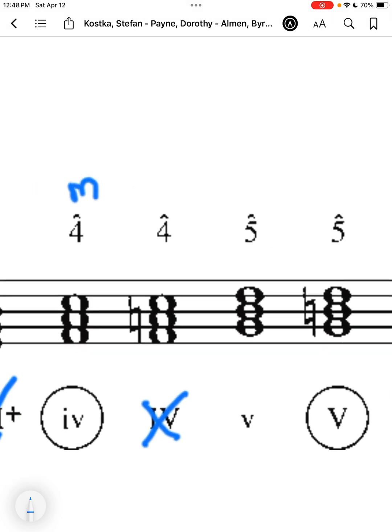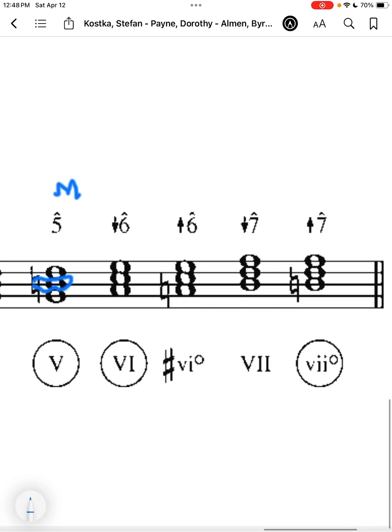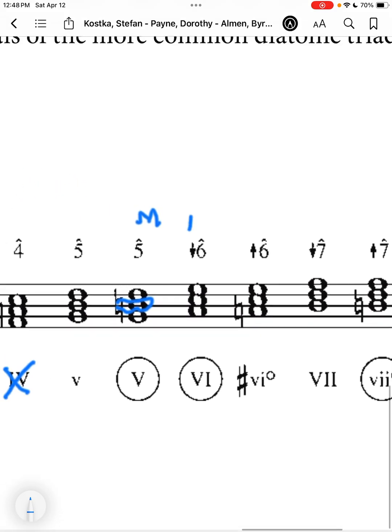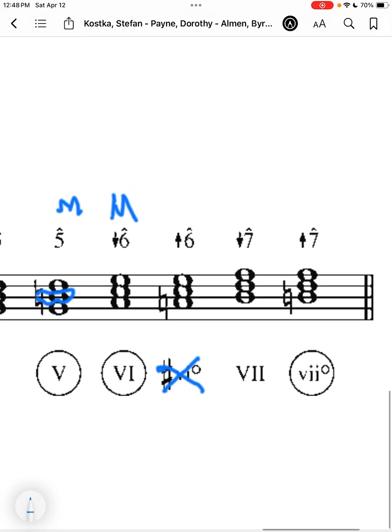So 5 is supposed to be dominant. It's major in all of them, so you have to make an alteration with the 3rd on that. 6 is major and minor. 7 doesn't belong here. And 7 is still diminished on everybody.